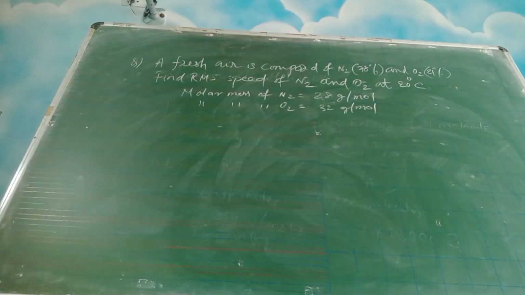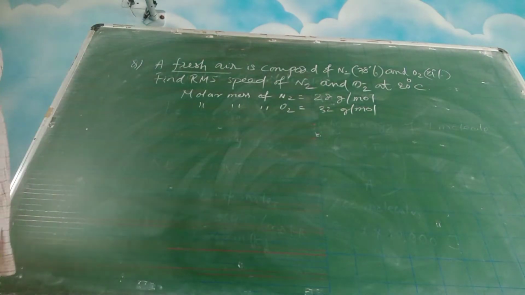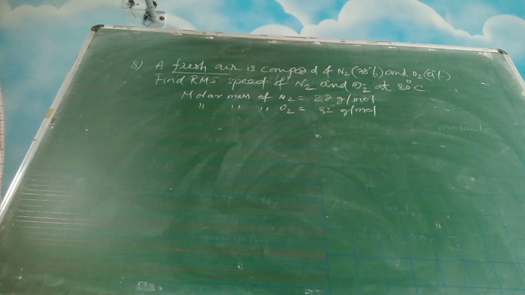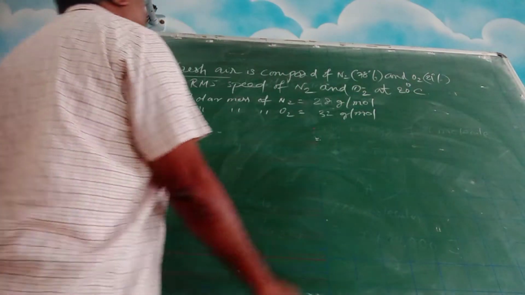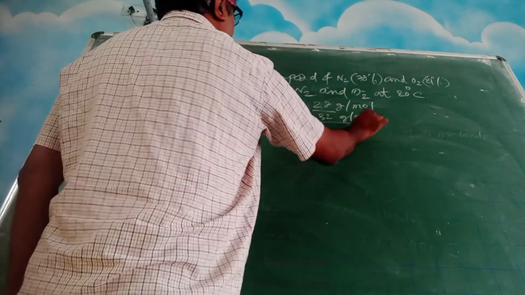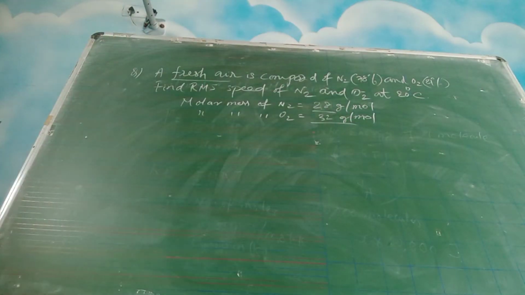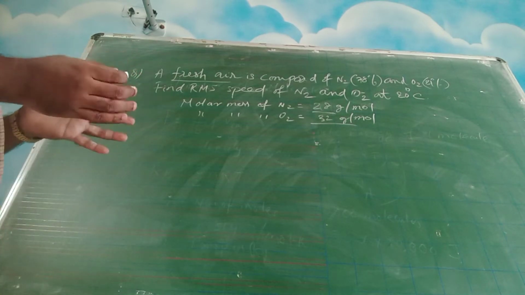Now let us see this question. Fresh air is composed of nitrogen 78% and oxygen 21%. Find the RMS speed of nitrogen and oxygen at 20 degrees Celsius. The molar mass of nitrogen is given as this much, and oxygen as this much. So you have to find out the RMS speed. See, air is there.